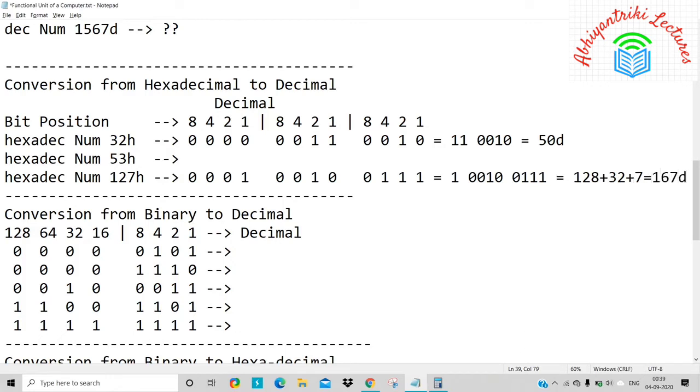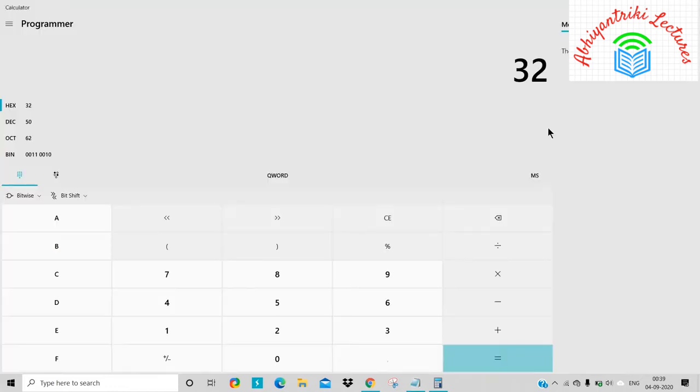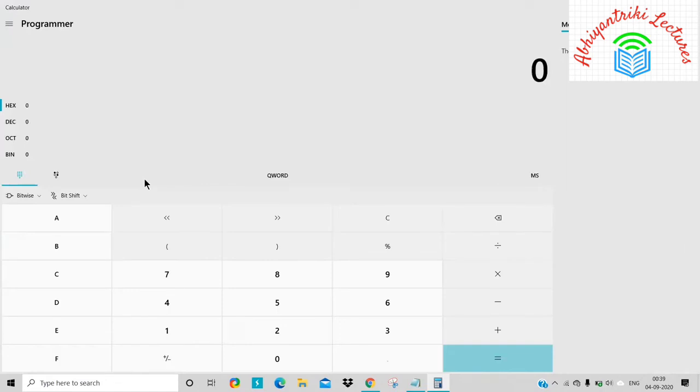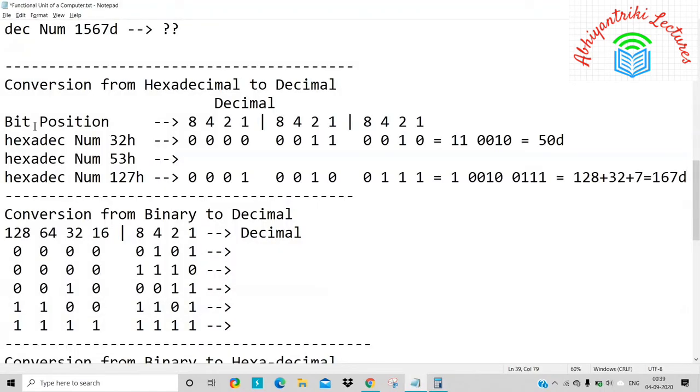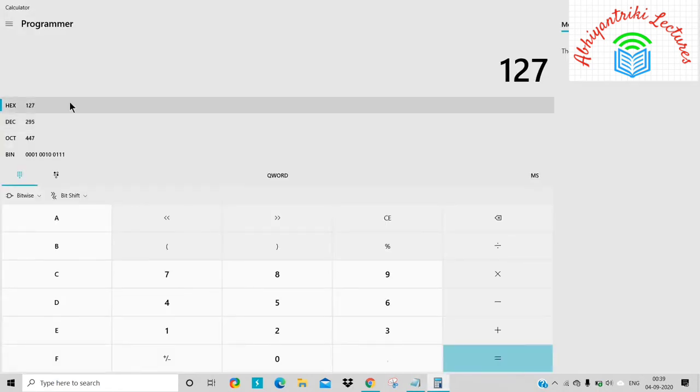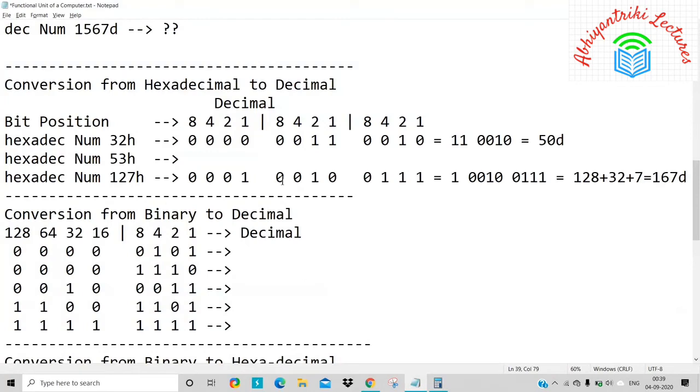Let us check the answer now. So 127H. The decimal equivalent is 295. Let me check here: 1 2 7. 1, 2, 4, 8, 16, 32, 64, 128, 256.